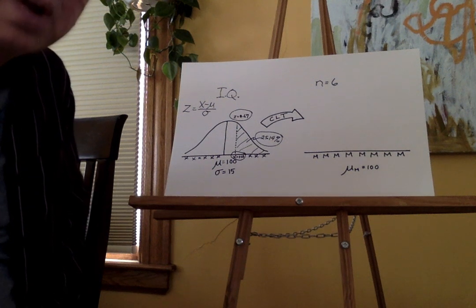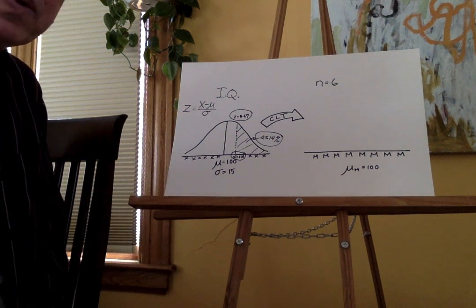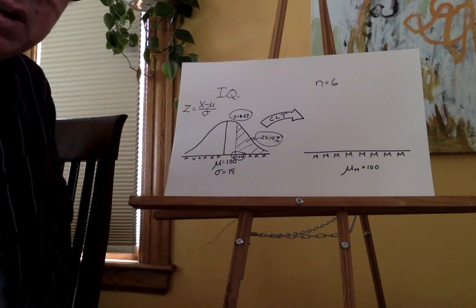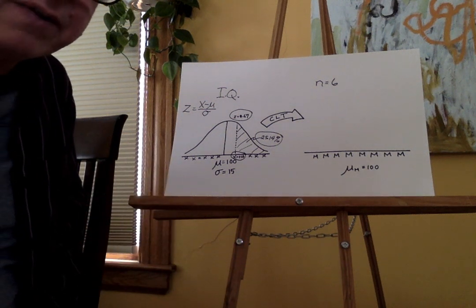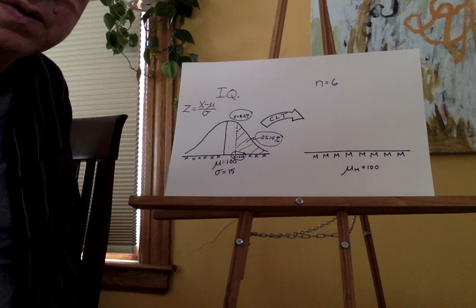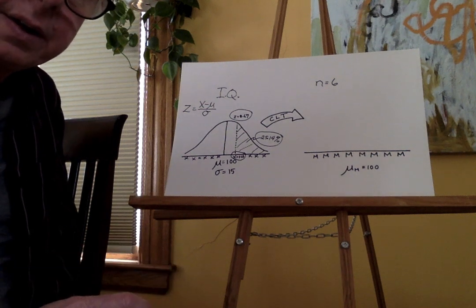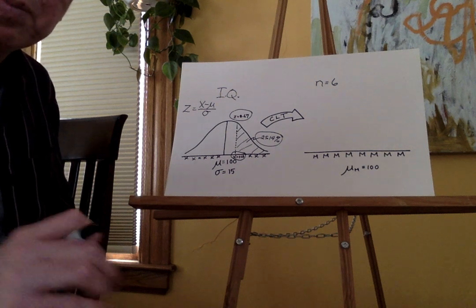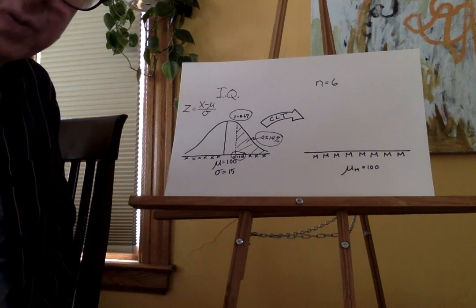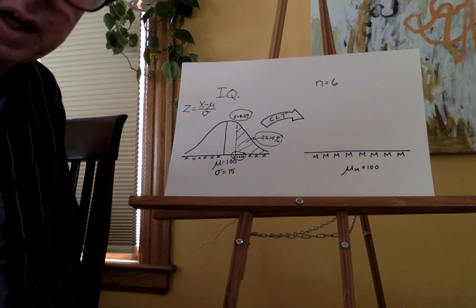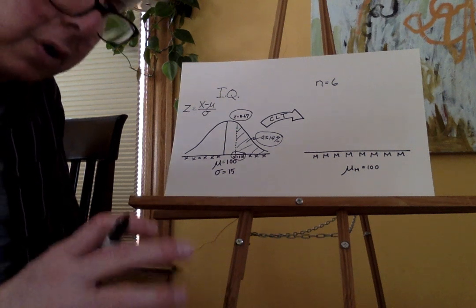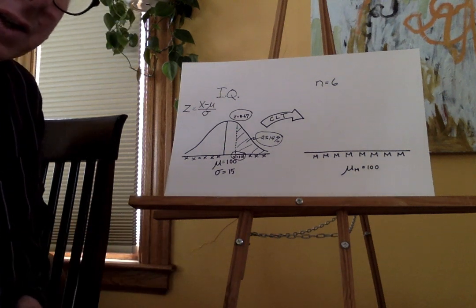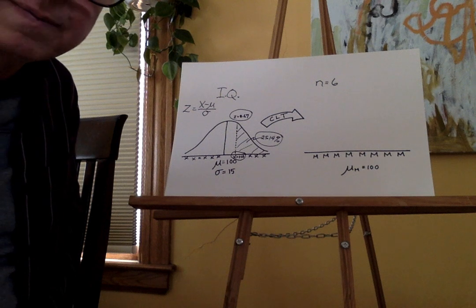So what if we took out 6 people at a time and we calculated the average for that group of 6? Then we plotted it. Then we take out another 6 people, find out their average, plot it. Take another group, find out their average and plot it. Everybody with me? We're just now going to do this from the population of individual IQ scores.